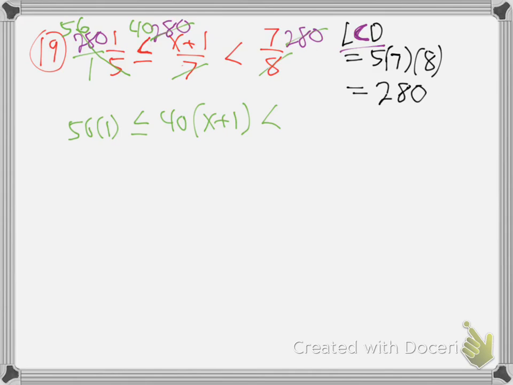And 8 into 280 is 35. And 7 times 35. Is that good? Everybody see what happened there? It's because that 280 is over 1. Whole numbers are over 1, so things in the denominator cross-cancel.